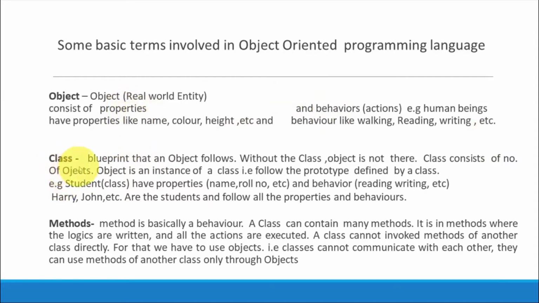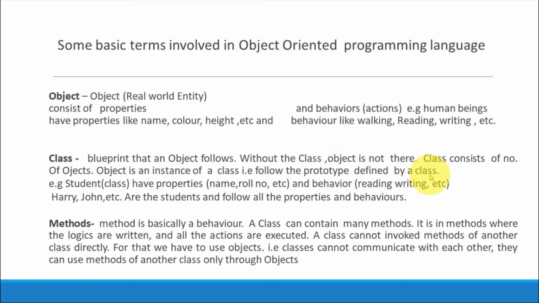Then next is class. A class is a blueprint that an object follows. Without the class, an object is not there. Why? Because an object is an instance of a class. So a class consists of a number of objects, and an object is an instance of a class. It follows the prototype defined by a class.